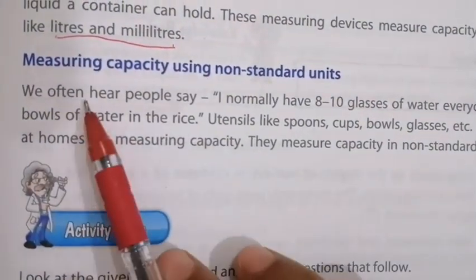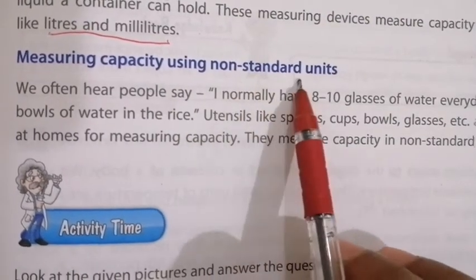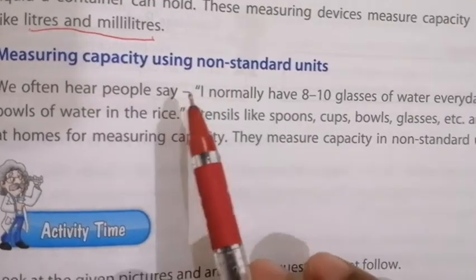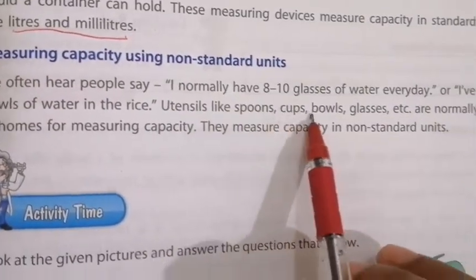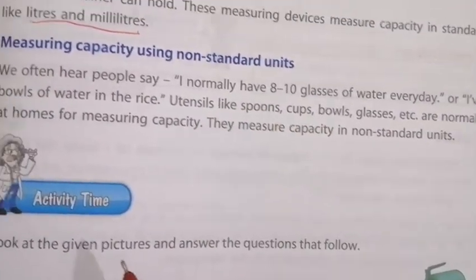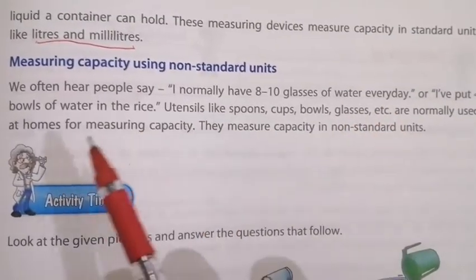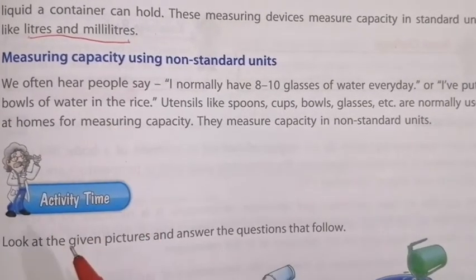Okay. Now measuring capacity using non-standard units. We often hear people say, I normally have 8 to 10 glasses of water every day, isn't it? So mostly it is recommended to have 8 to 10 glasses of water. Or I have put 4 bowls of water in the rice.